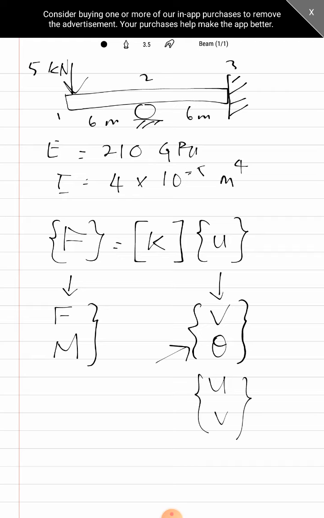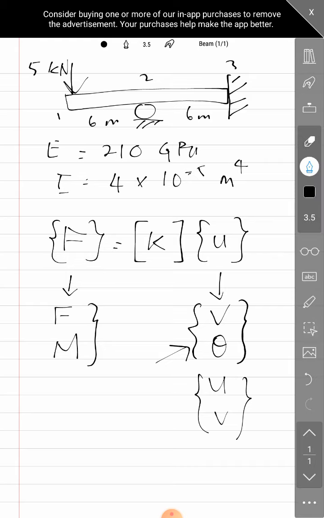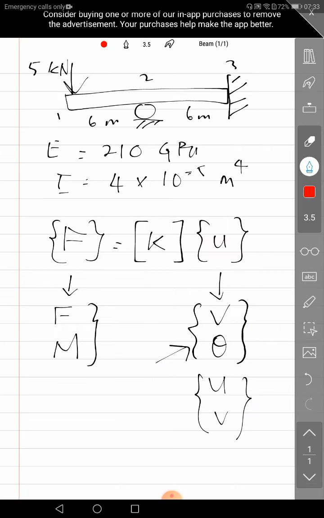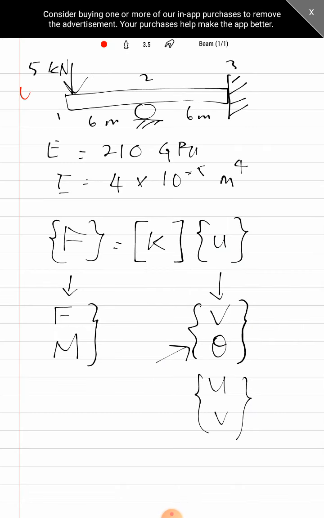Okay, alright, so that means, for example here, for node 1 you should have V1 theta 1, for node 2 V2 theta 2, and for node 3 similarly you should have V3 and theta 3.